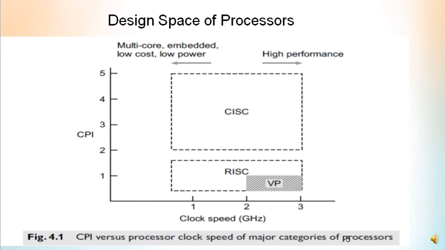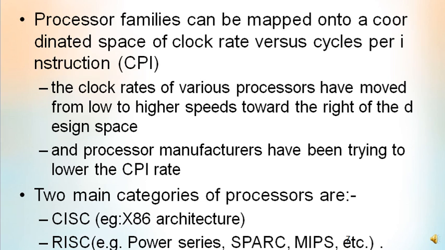As implementation technology evolves rapidly, the clock rates of various processors have moved from low to higher speeds, towards the right of the design space, that is, an increase in the clock rate. At the same time, the manufacturers of the processors have been trying to lower the CPI, the cycles taken to execute an instruction, using innovative hardware approaches.